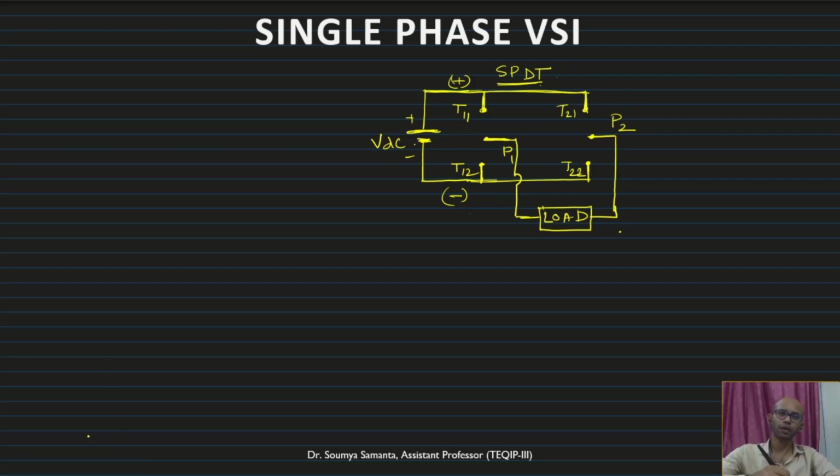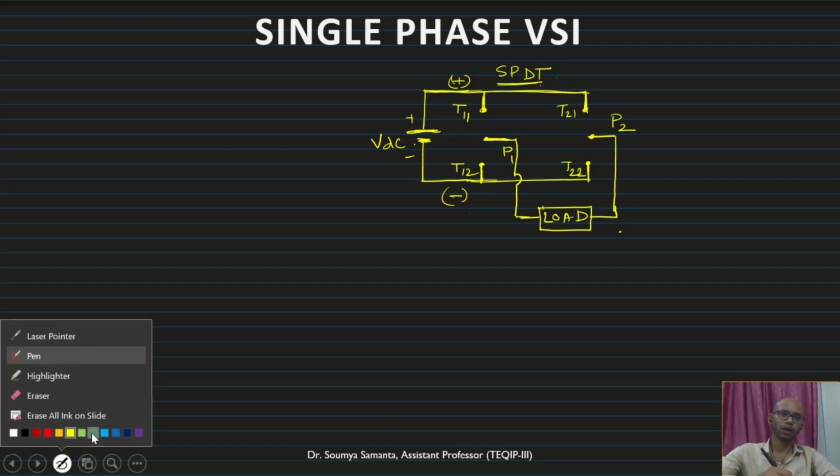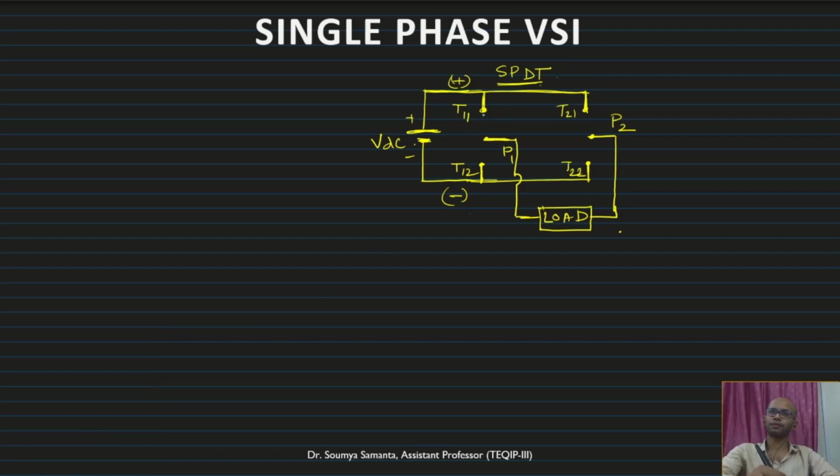Okay. Now let me change the color. So let us first, this pole is connected through T11. Now pole is connected to T11 and suppose that pole 2 is connected to T22. Now what will happen? This is plus and this is minus.